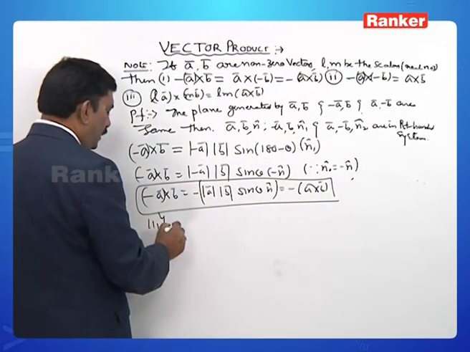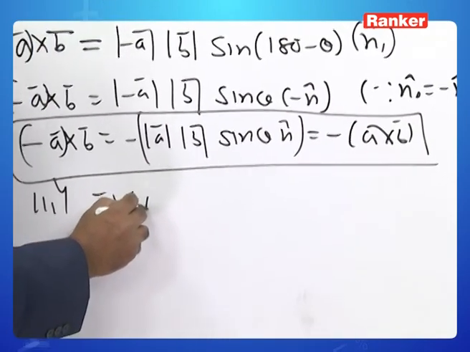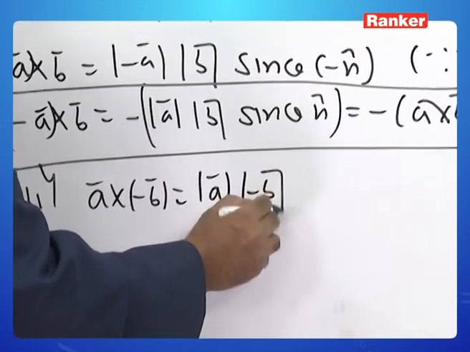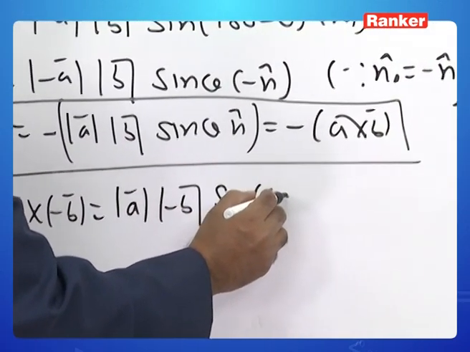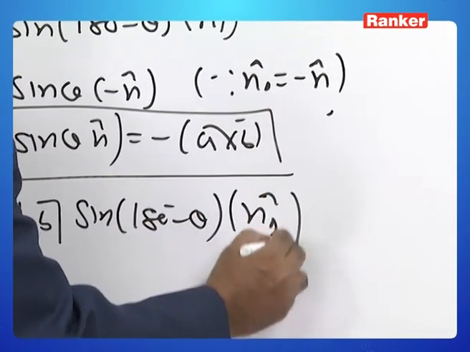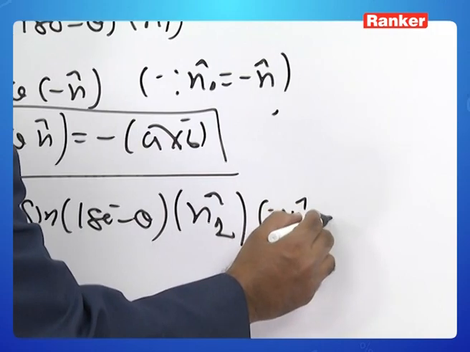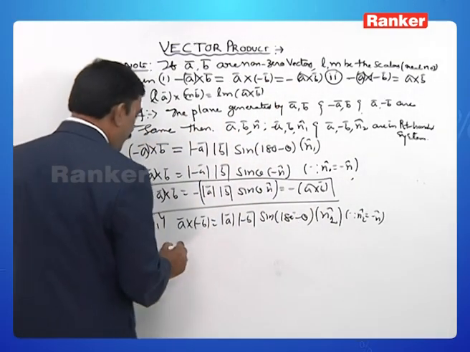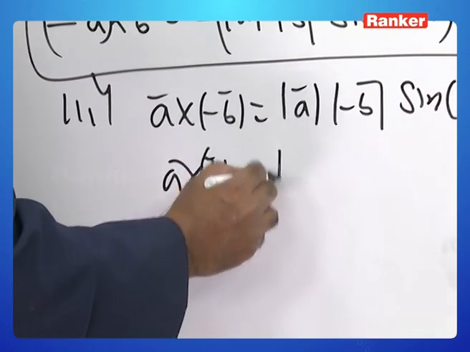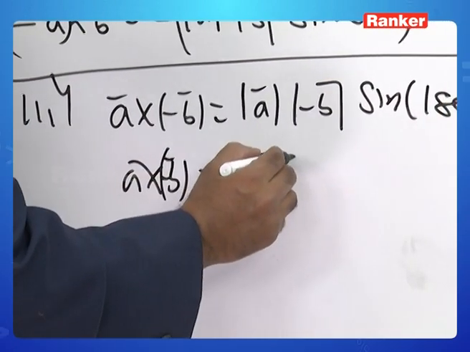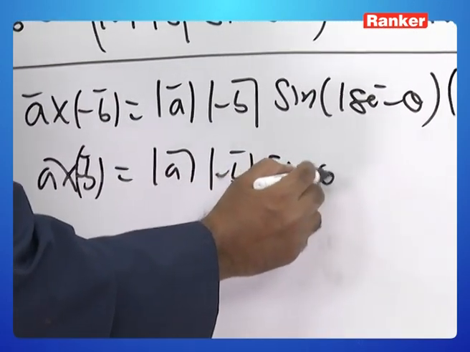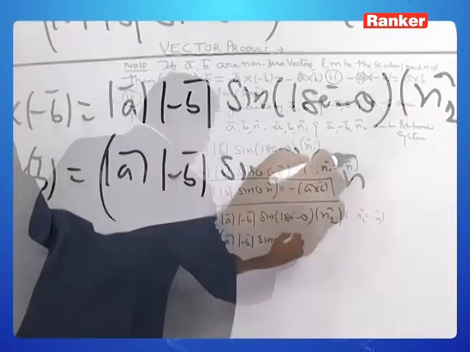Similarly, we can prove A bar cross minus B bar is equal to mod A, mod minus B, into sine of 180 minus theta into n2 cap. Since n2 cap is equal to minus n cap, I can write A bar cross minus B bar is equal to mod A, mod B, where the minus becomes plus, sine theta into minus n cap.